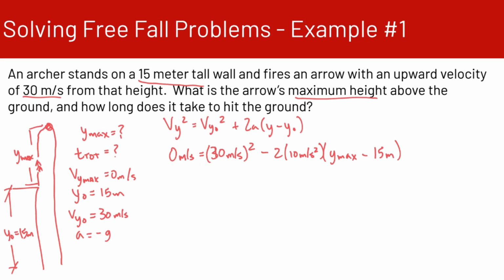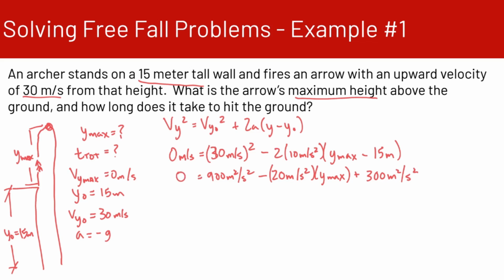We have 30 squared is 900 meters squared per second squared, then minus 20 meters per second squared times y max, plus 300 meters squared per second squared. And that's all equal to 0.